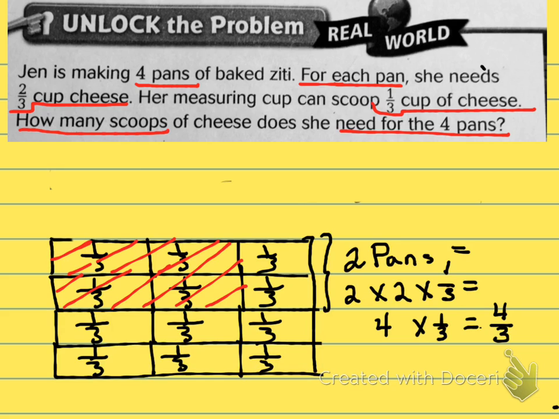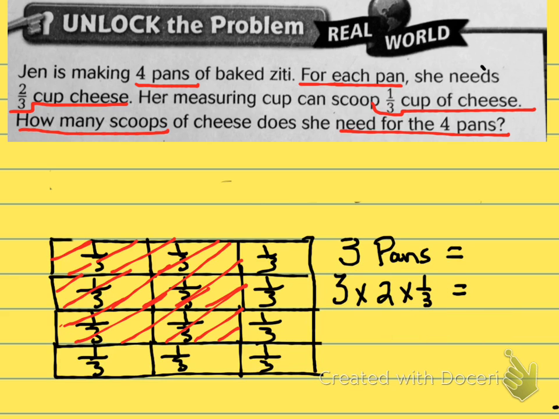All right, let's see what happens when we add a 3rd pan. Now I have 3 pans, okay? So 3 pans times 2 times 1/3 per pan equals 3 times 2 is 6 times 1/3. And 6 times 1/3 equals, yes, 6/3. All right, everybody with me?